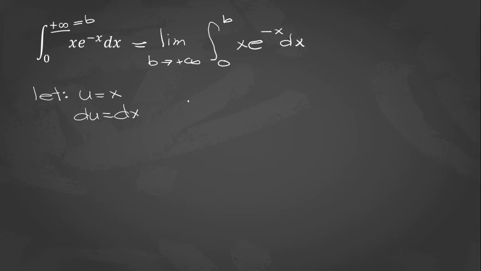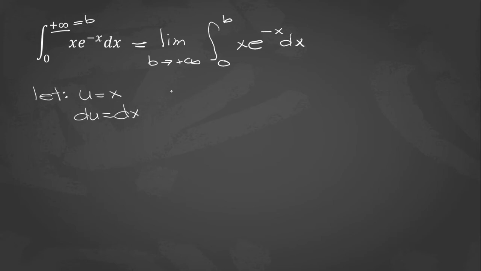Important note: in selecting the term to differentiate, we must select the term whose derivative will result in a simpler term. In this case we use x because the derivative of x is simply dx.